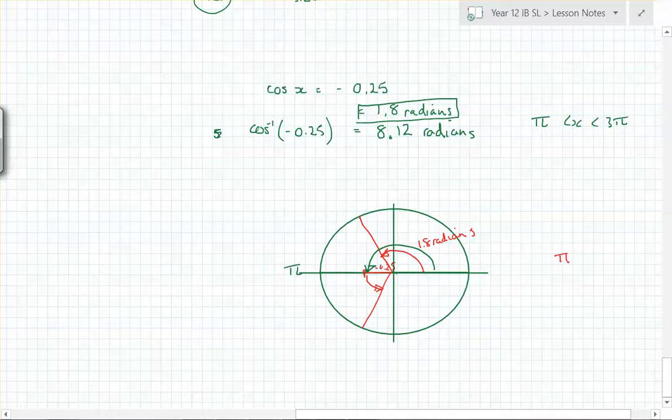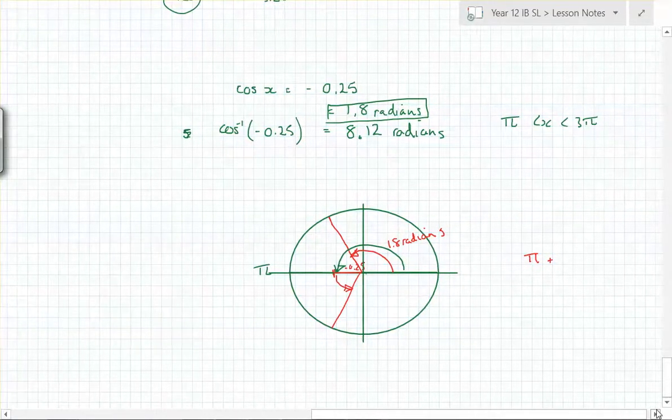Well, is it pi plus 1.8? It's definitely pi plus something. Well, if all of that is 1.8 radians, basically I need to know, minus 1.8.